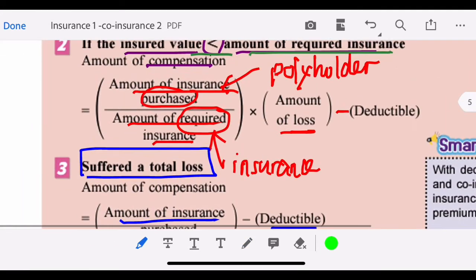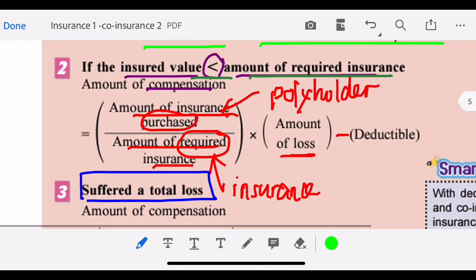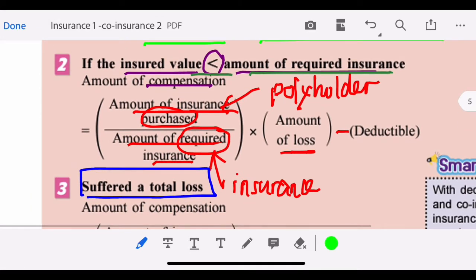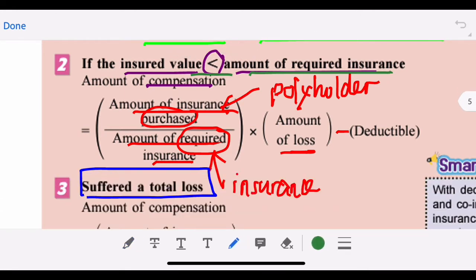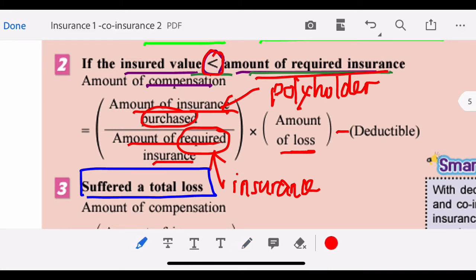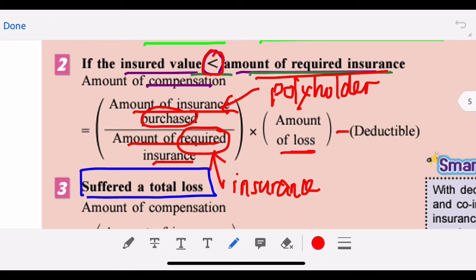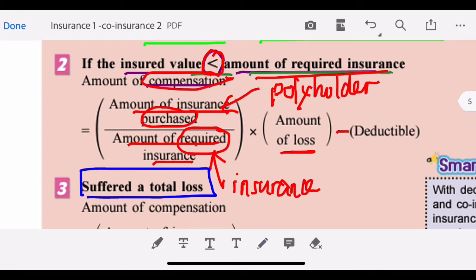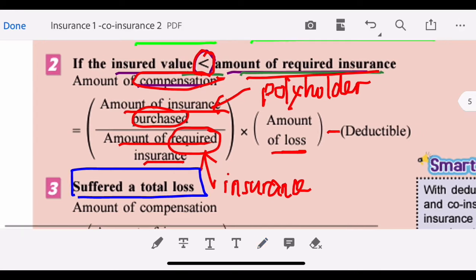So if he insures a value less than the amount of insurance required, how do we calculate the compensation? We take the amount of insurance purchased over the amount of required insurance, which is 280,000.